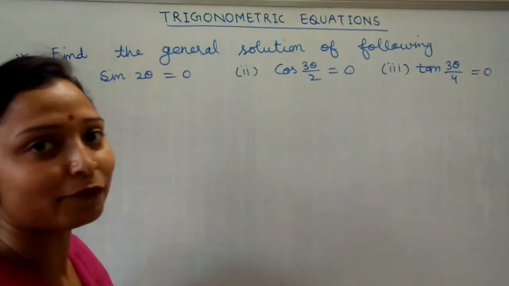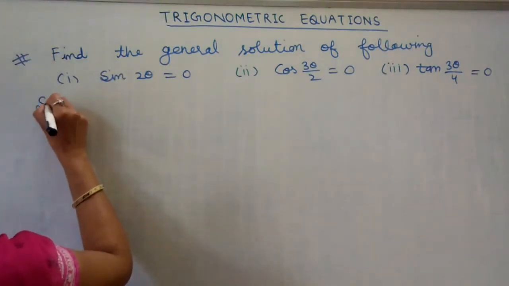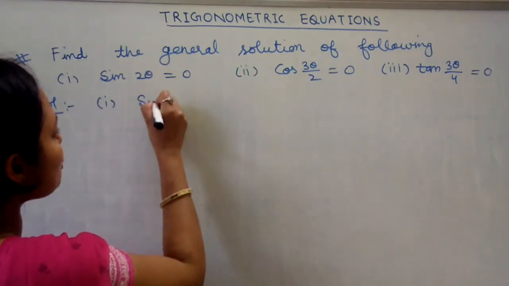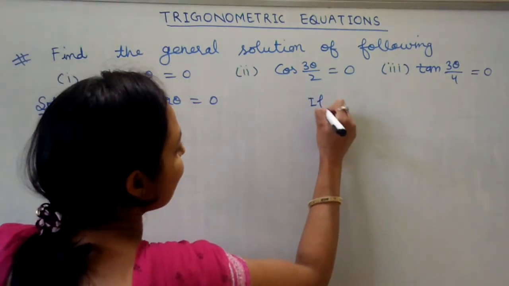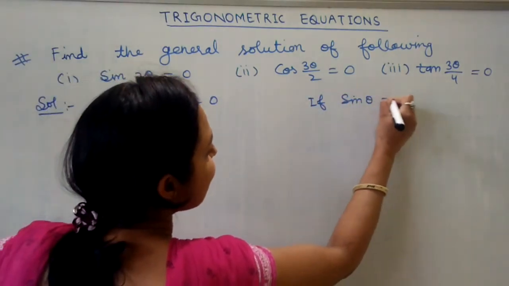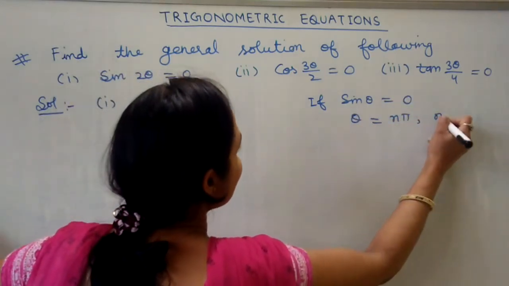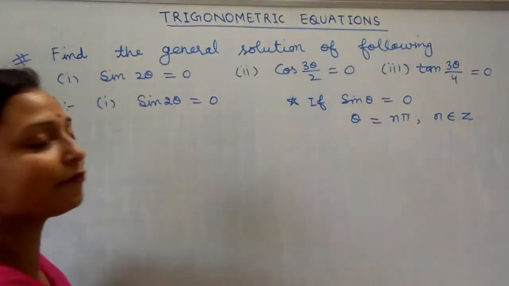Now I will apply the formula for finding the general solution. I will do the first question on the basis of the first 3 formulas. Okay, so let's do the first question. When sin 2 theta is equals to 0, the formula says that if sin theta equals 0, then theta equals n pi, where n belongs to integer. So this is the formula which we have done.